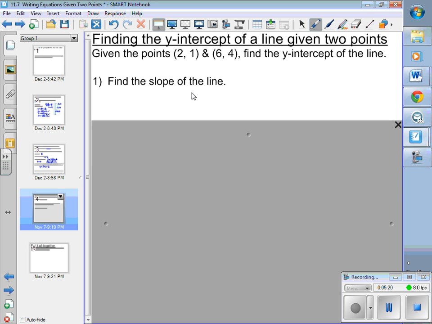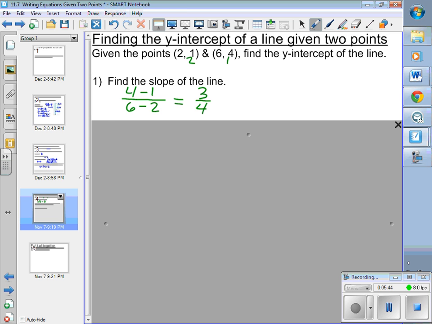So again, 4 minus 1 over 6 minus 2 gives us 3 over 4. So our slope is 3/4.